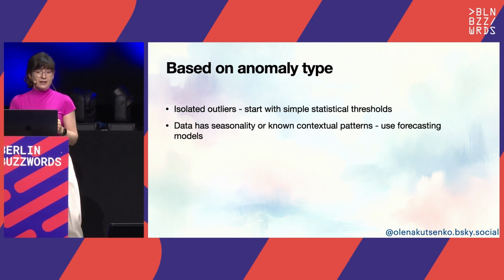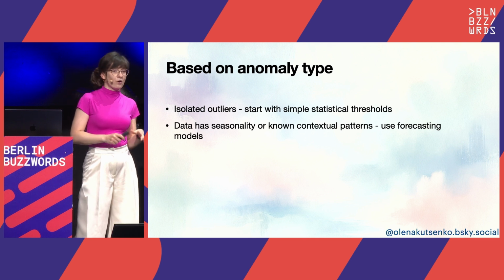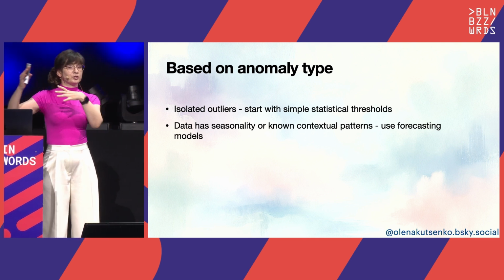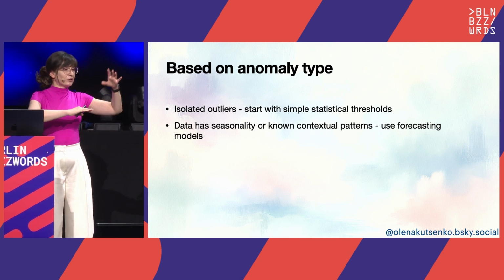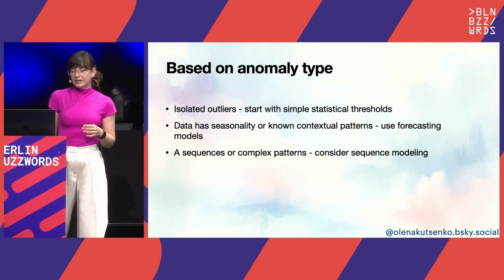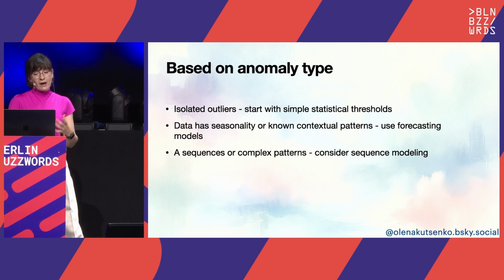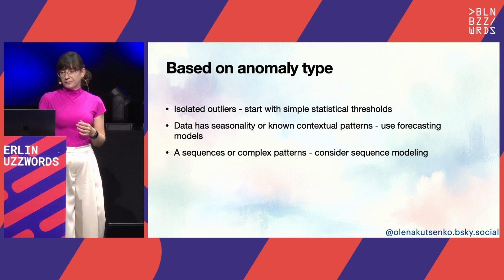If you have some seasonality or non-contextual patterns, you can use forecast models. ARIMA, for example, also has a model which works with seasonal data, so there you have patterns which you can detect with that model. And if you have more complex patterns, you might want to use more complex models, going into the machine learning world.